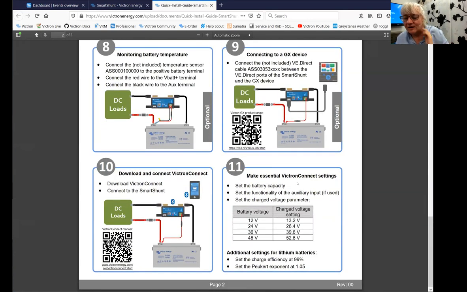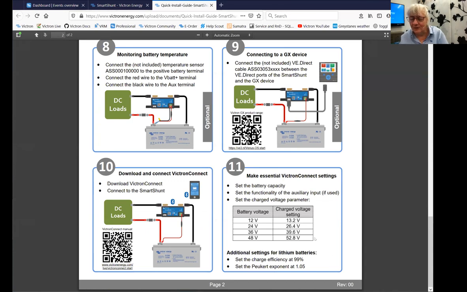And then essential settings: set the battery capacity, set the functionality of the auxiliary input if it's there, so that's that second input, and set the charge voltage parameter. That's really what we advise.